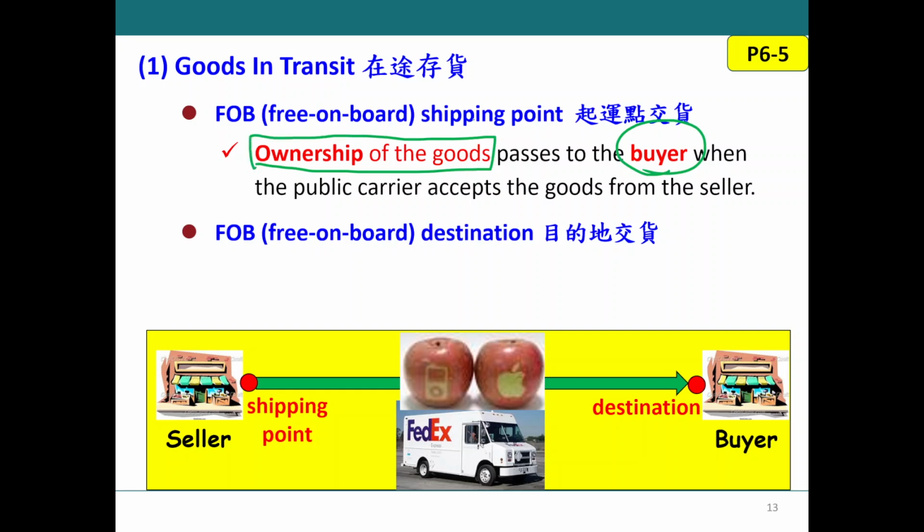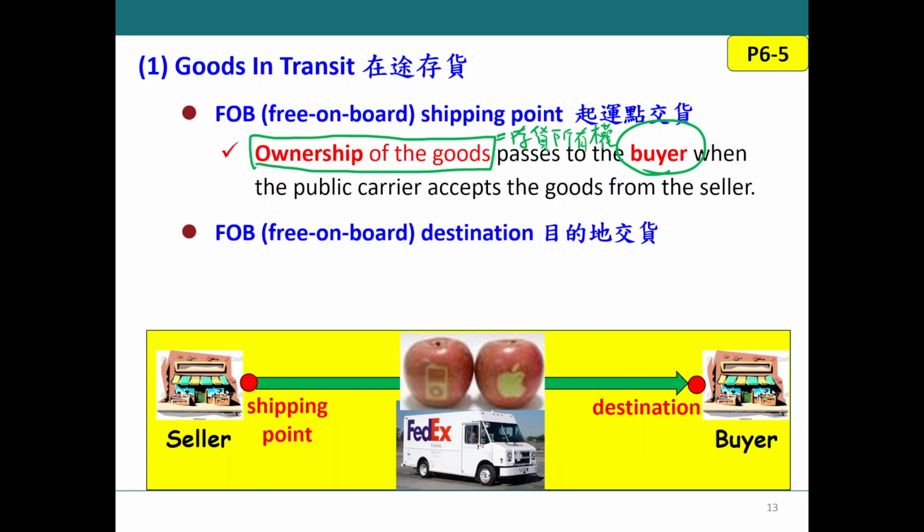Goods means inventory, 存货所有权. Okay, so with FOB destination, who has these two apples?